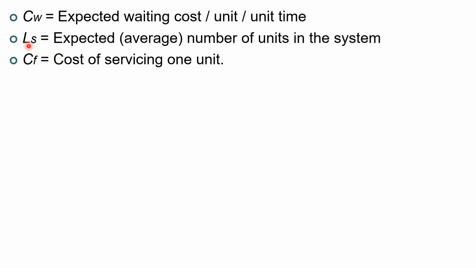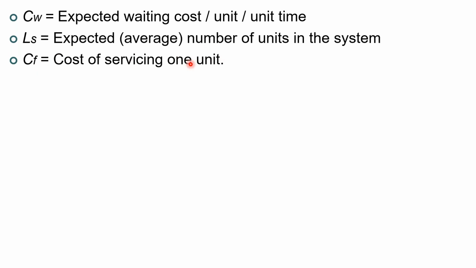Now LS is the expected, or average, number of customers in the system, or the average number of units in the system. And CF represents the cost of servicing one unit. This is the cost associated with servicing a single customer.